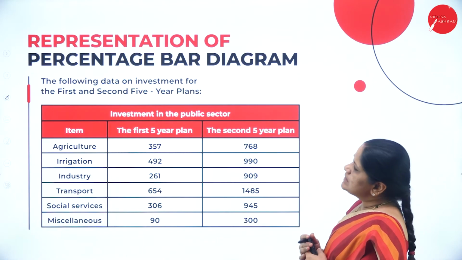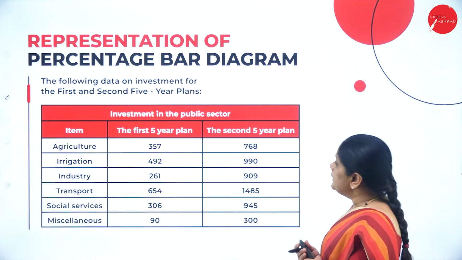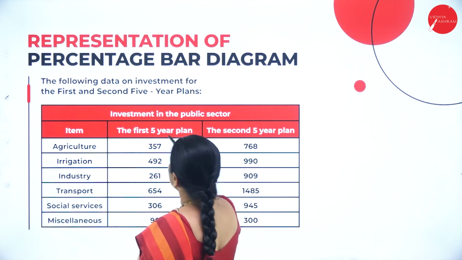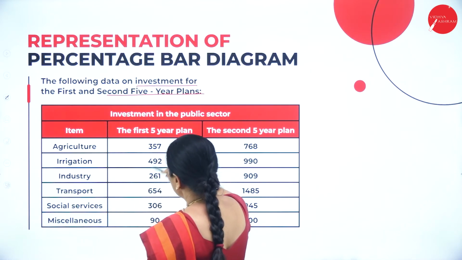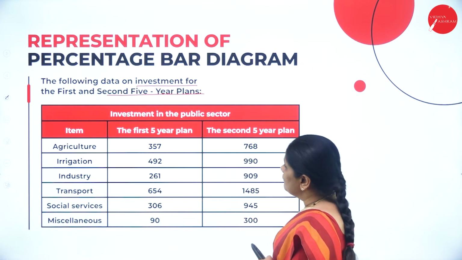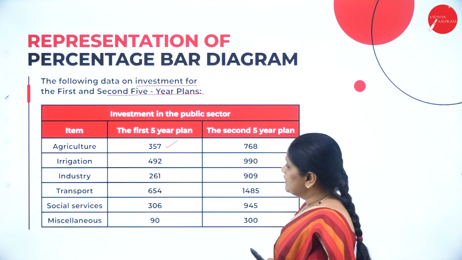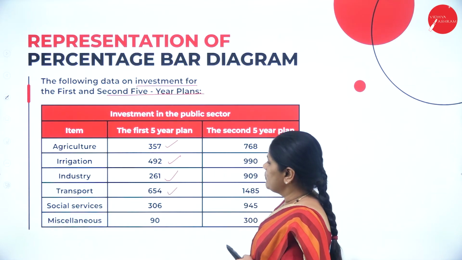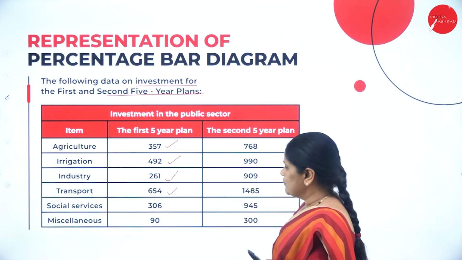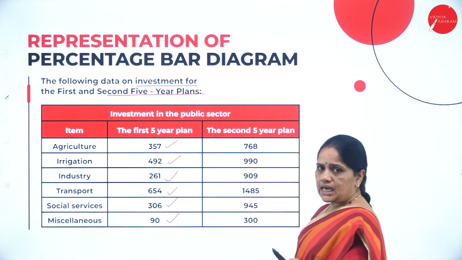So, in this percentage subdivided bar diagram, we have an illustration here. The following data is on investment for the first and second 5-year plans. For the first 5-year plan, we have the investment in agriculture 357 crores, irrigation 492, industry 261, transport 654, social services 306, miscellaneous 90.